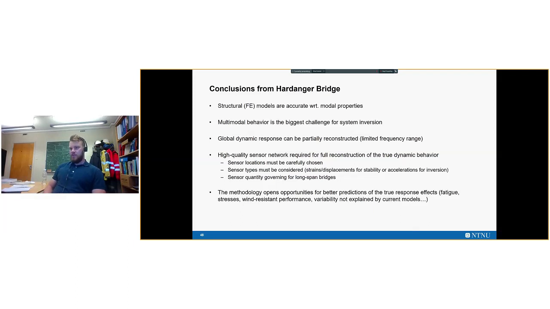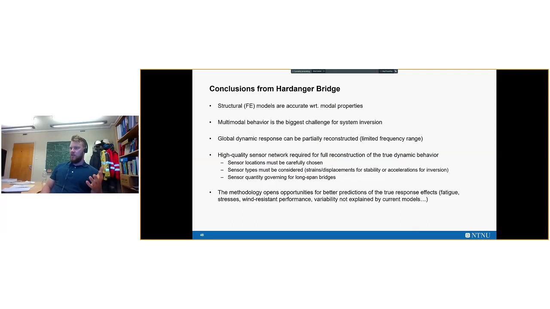And this leads to a limitation. We can only partly describe the global dynamic response in a limited frequency range. So in order to improve this, we would have to install more sensors at the bridge. But all in all, we think that the methodology opens up opportunities to better predict the response effects on the bridge.